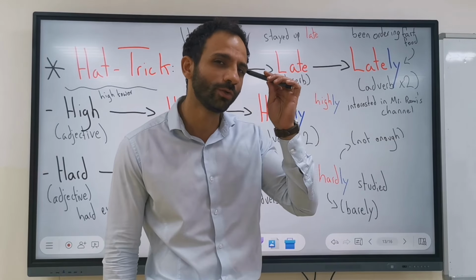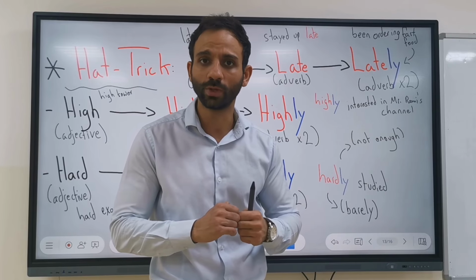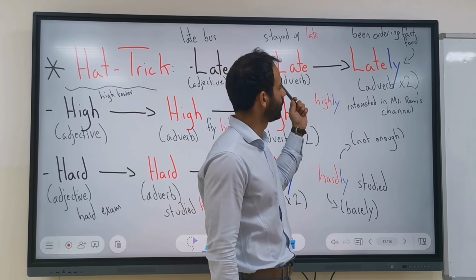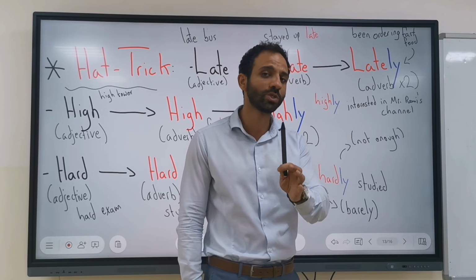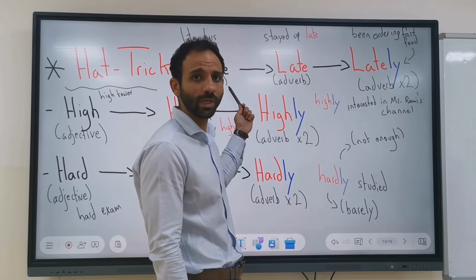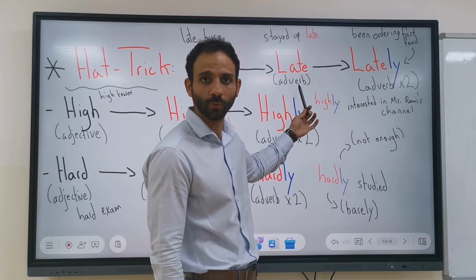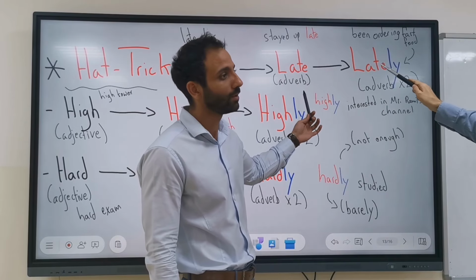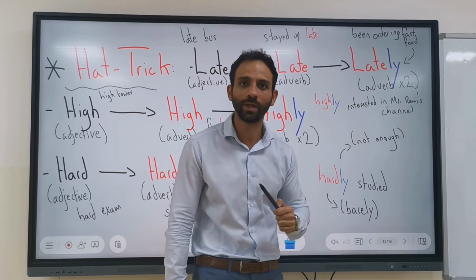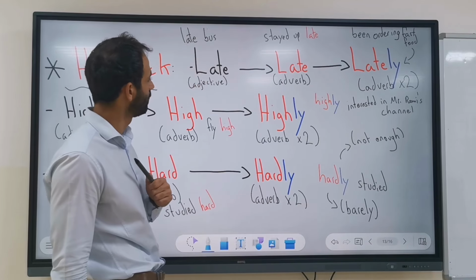Not late, the one in your head, the one when you are going over the time limit that you have to be in a place, for example. So sometimes, when we make them into adverbs, they change, which begs the question, what is the adverb of the normal late? I don't want to mean recently, I want to mean actually late. It stays the same, right? Here are some examples. I stayed up late, woke up late, all of that. Alright? Mr. Rami, you want to do the high one?